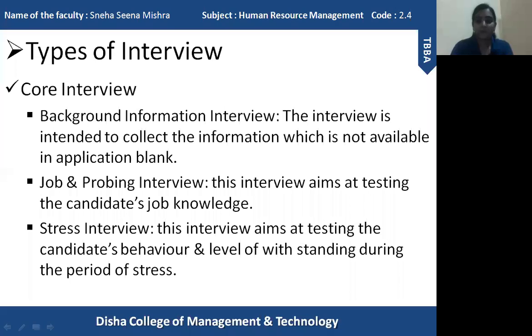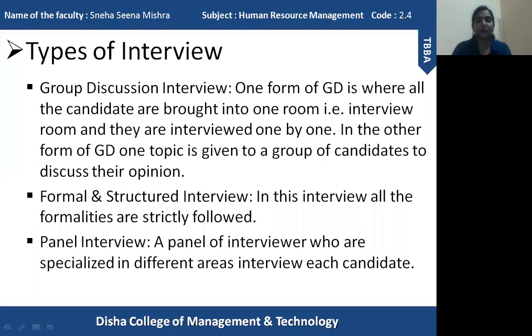Okay. The next type of interview is the group discussion interview. There are two types of group discussion interview. In the first type, a group of candidates are asked to be in one room, called an interview room or a conference room.